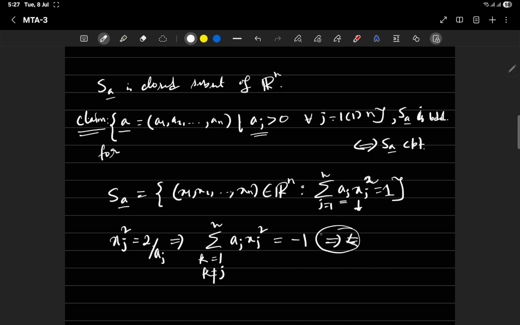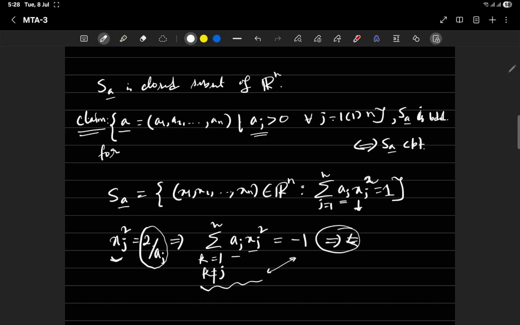Why should this be a contradiction? Because the other terms are all positive, they cannot add up to -1, never. So xj cannot be that big to give this term either.